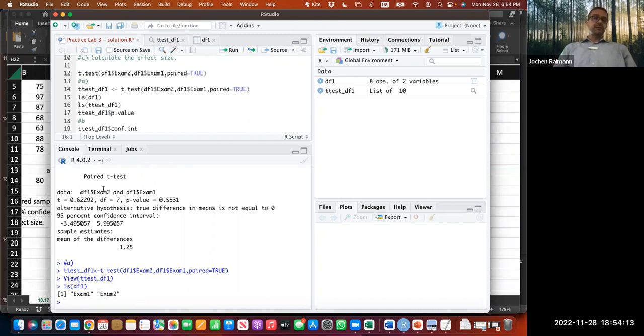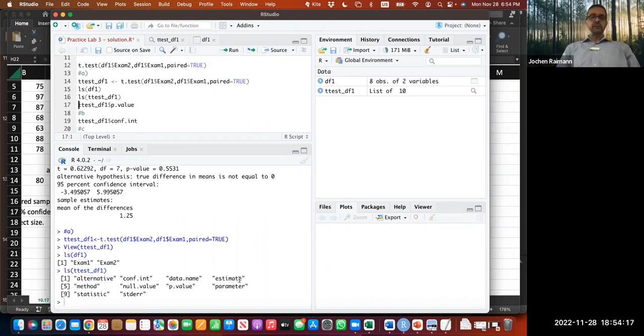If we do the same exercise with the t-test object, we see all this information. We have estimates, which is our difference. We have standard error, p-values, confidence intervals, null values. We get all this information extracted from our test.